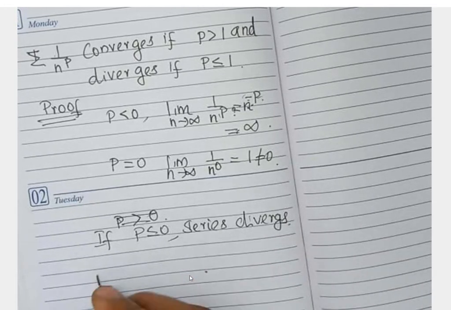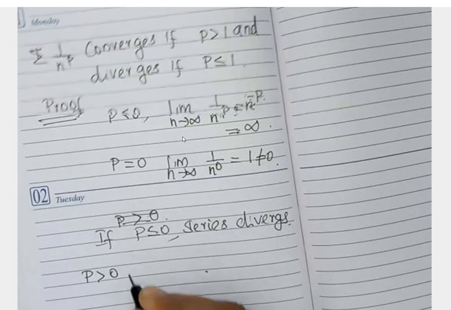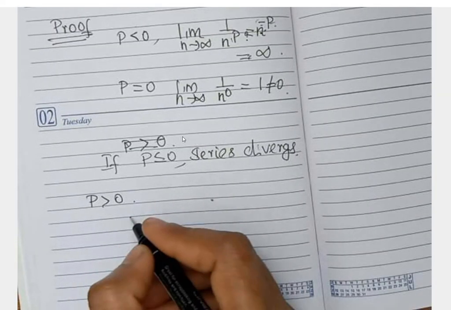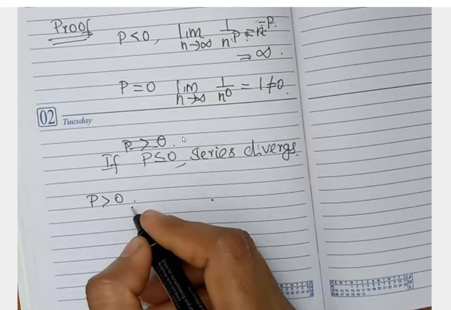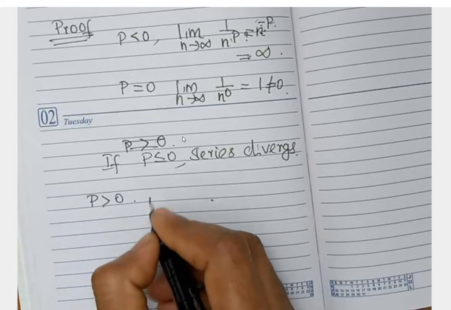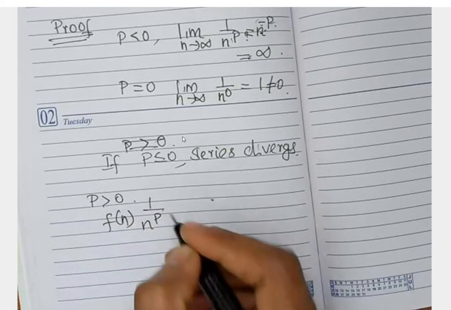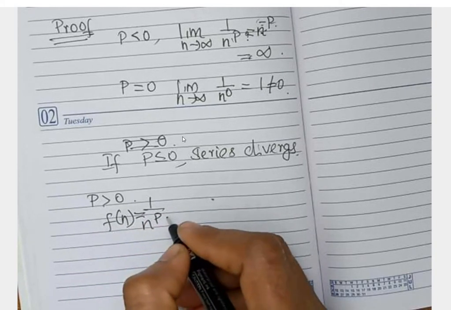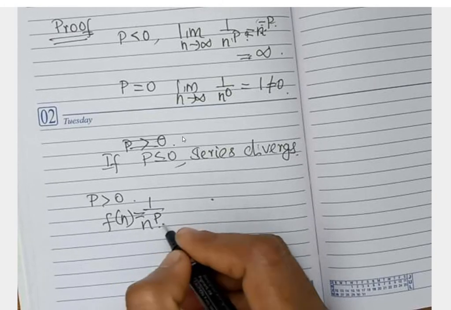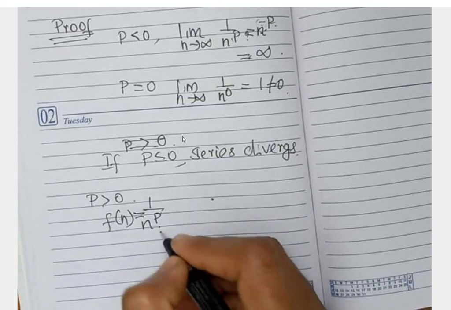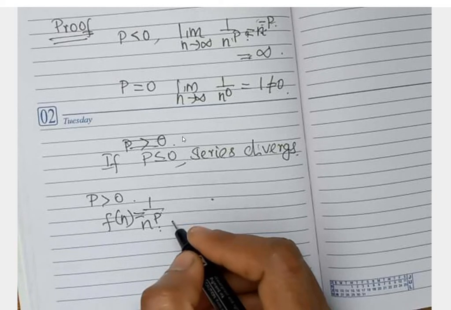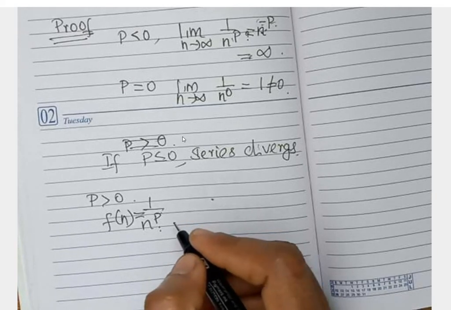What happens if p is greater than 0? We have to notice that 1 by n raised to p, this is f of n, and this is a positive series that is decreasing, positive and continuous.